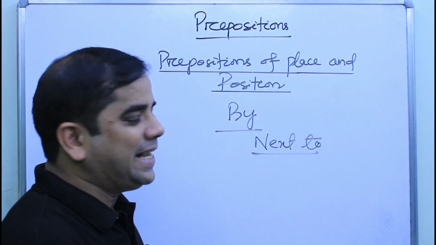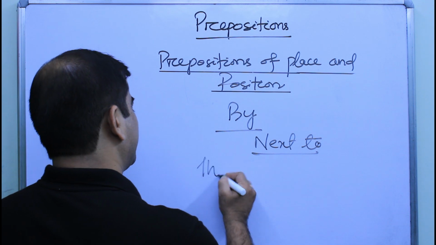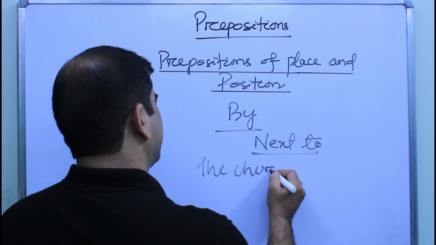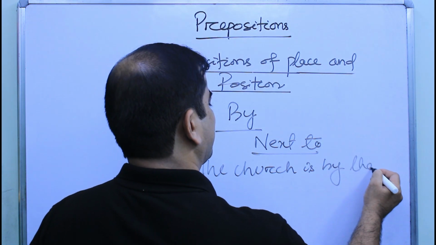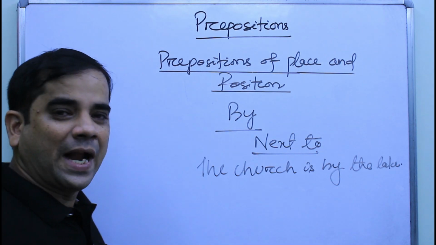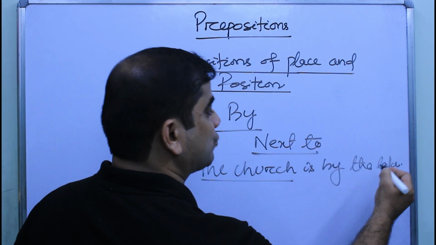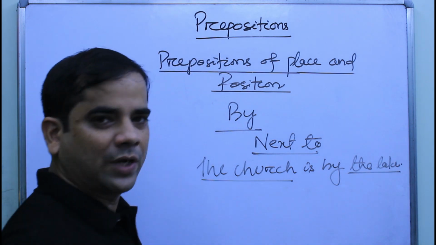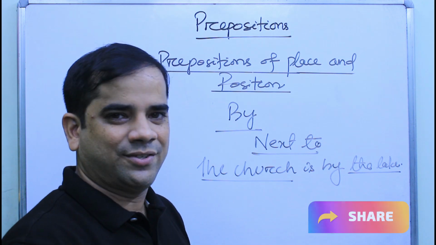Students, let us now discuss the preposition by. The meaning of by is next to. If I write the church is by the lake, that means the church is situated next to the lake. There is a lake and next to the lake there is a church.